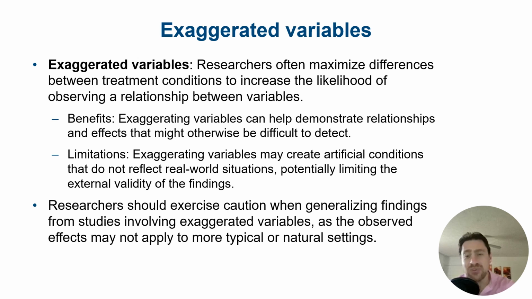You probably won't see a big difference. Instead, you might compare 65 degrees and 95 degrees. And so by exaggerating those variables, you increase the probability of detecting a relationship if a relationship really exists. That's the upside. However, on the other hand, you probably won't have such drastic variations in classroom temperature in the real world, which can hurt external validity.